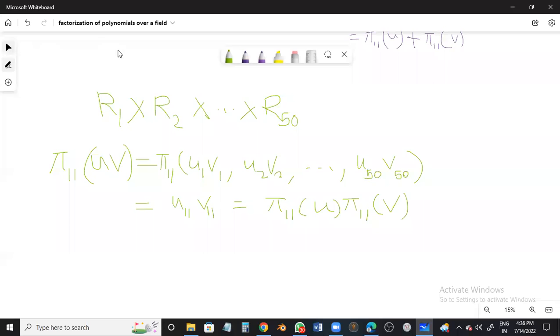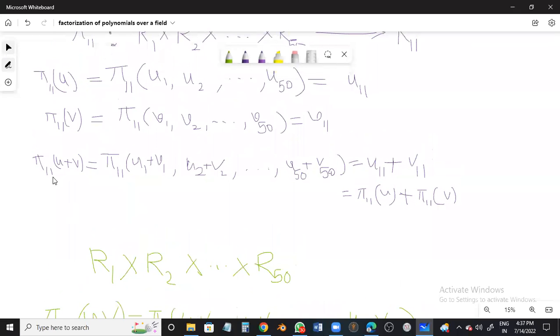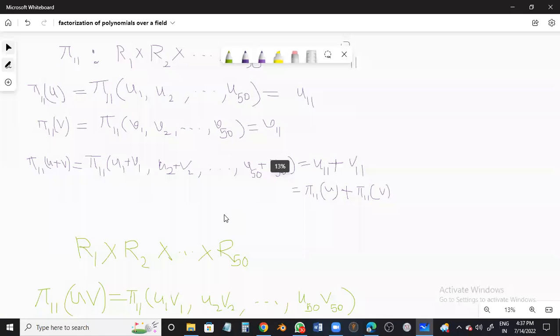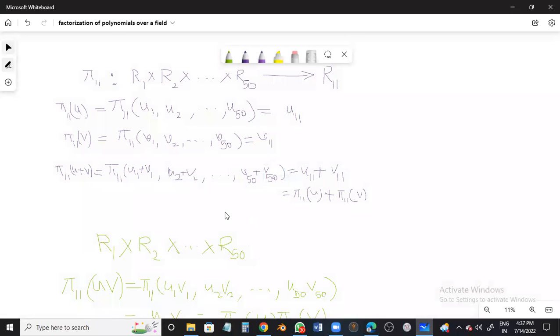And in the earlier case, what you saw? Image of the sum is the sum of the images. Do you agree? Yes, ma'am. That is why pi 11 satisfies both. It preserves addition and it also preserves multiplication, and that is why it is a homomorphism.